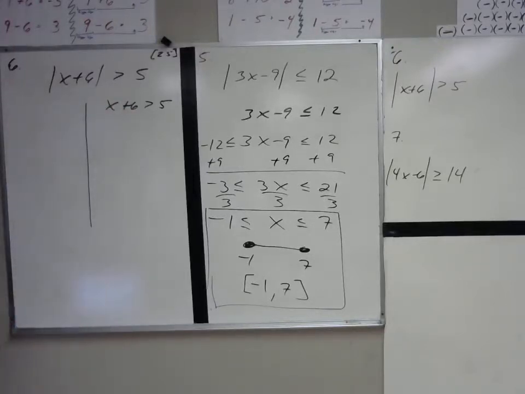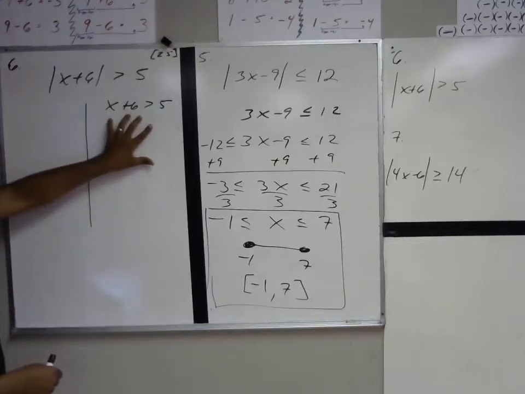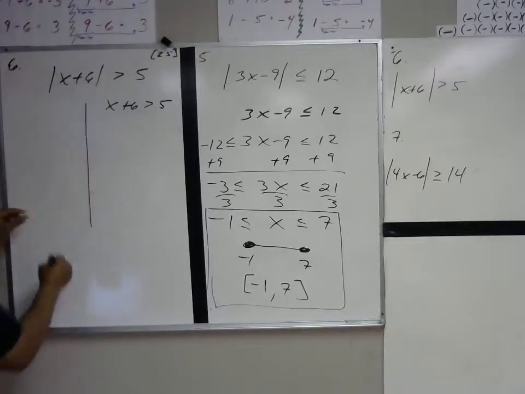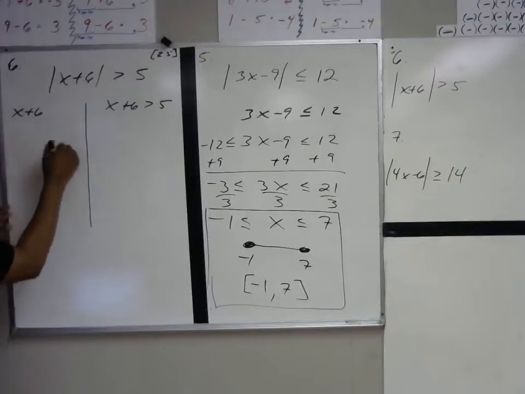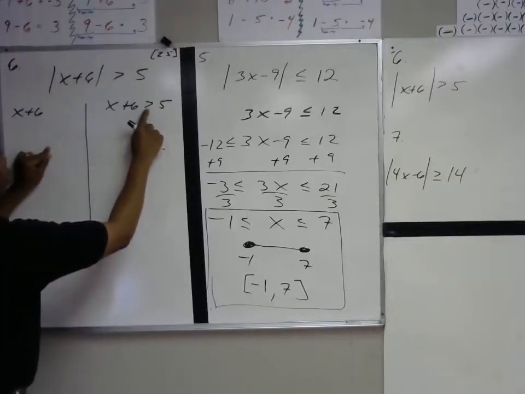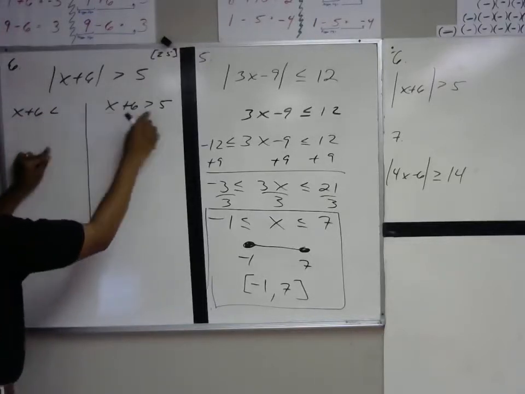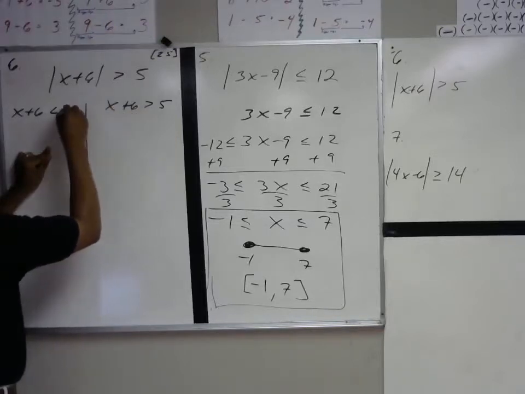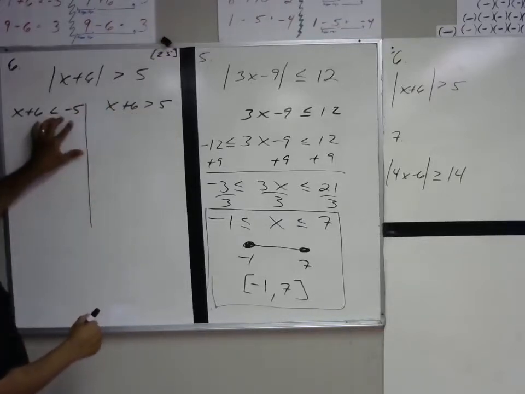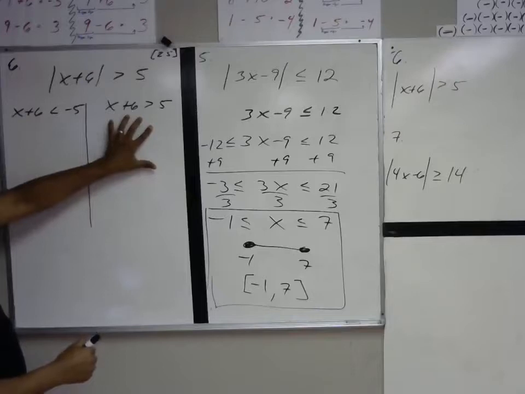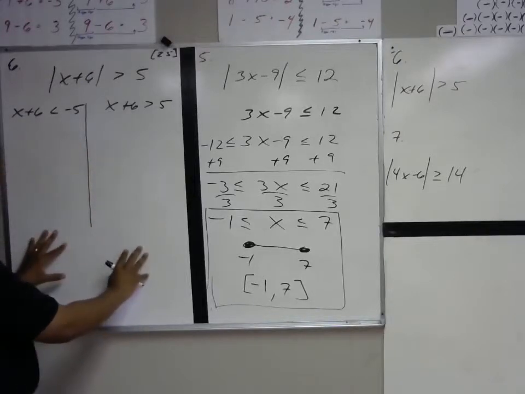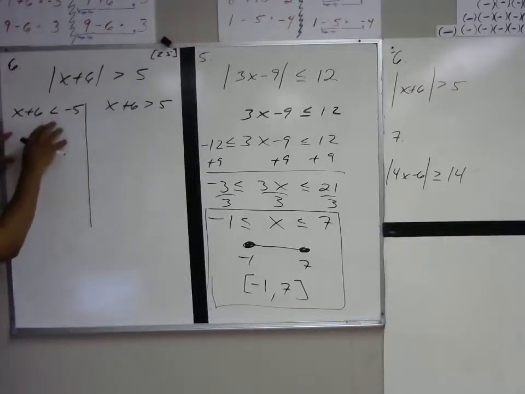On the left side, we're going to take this same answer here, the x plus 6 greater than 5. We'll keep the x plus 6, and we're going to change these two symbols. We're going to flip this to less than, and we're going to change this to a negative. So we got two changes over here, no changes over there. And then we're going to solve both of these sides. Let's start with the left side.